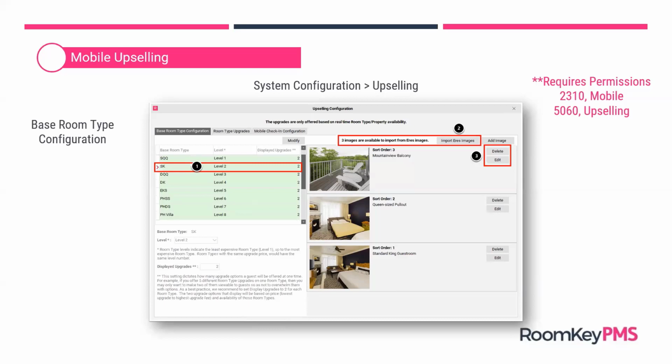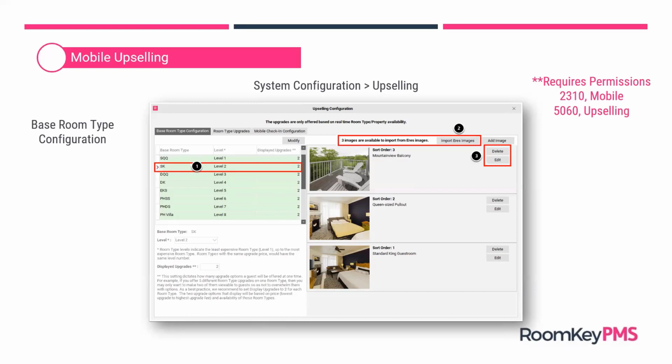So if your property is currently set up with eRes booking engine and you have images of your rooms uploaded to the eRes platform, you can actually import those directly from eRes. So step number 2 here is showing that you can click the Import eRes Images button, and that will pull through any images you have already uploaded to the eRes platform into this upselling tool.